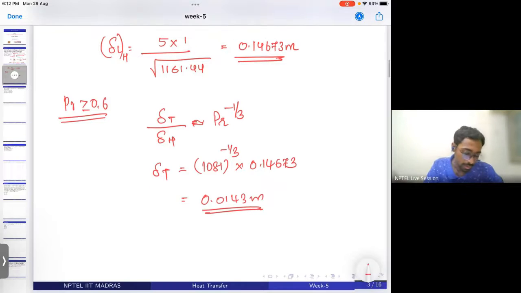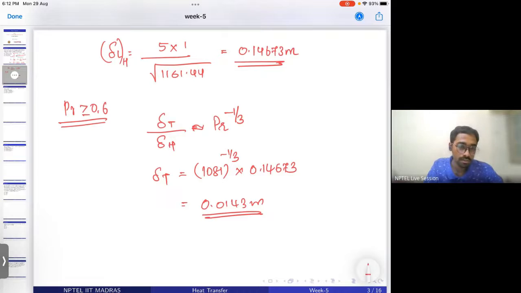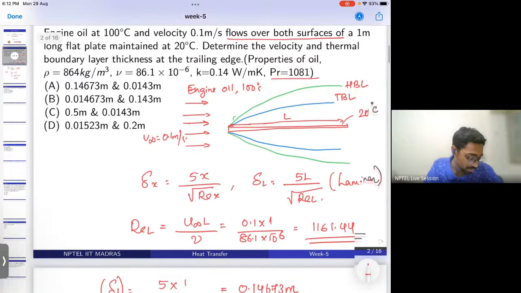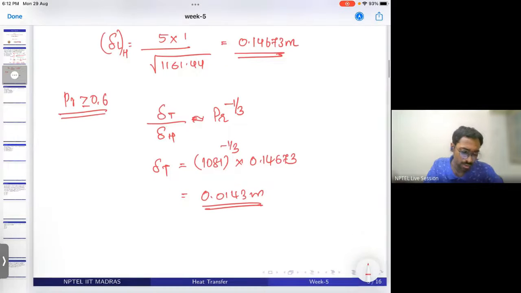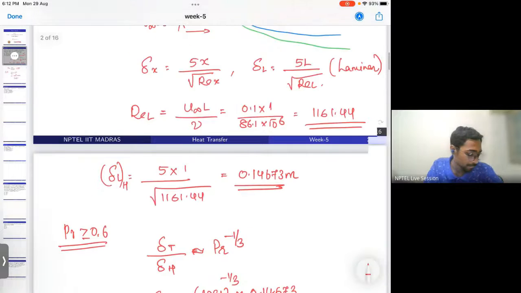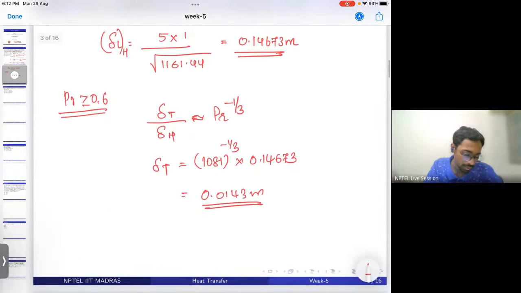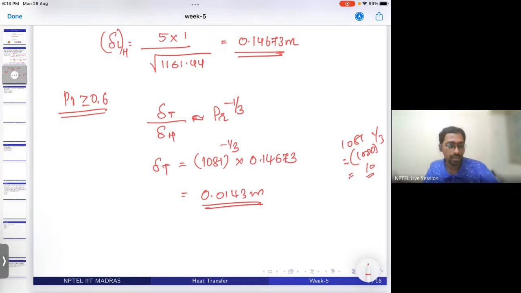We can approximate it. In competitive examinations you can take some tricks, and as the options are already given, you can find a close match. As 1081 is close to 1000, you can approximate it as 1000 raised to 1 by 3, which is 10, so divide by 10, approximately equal to 0.014.